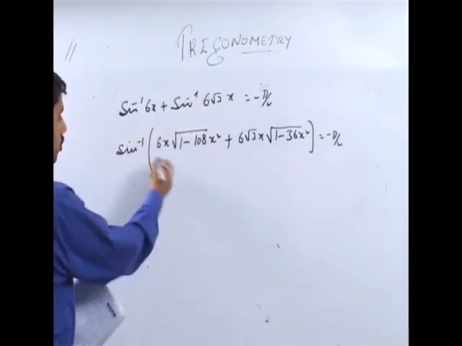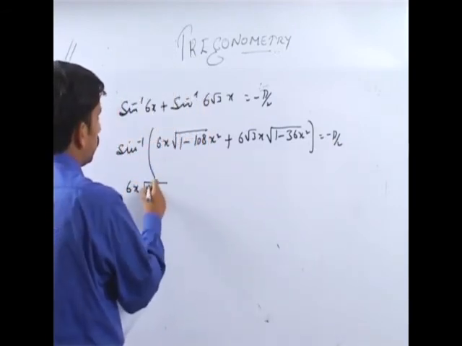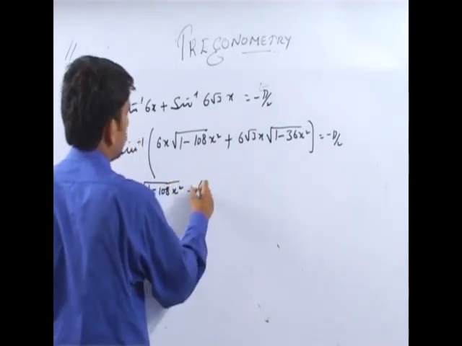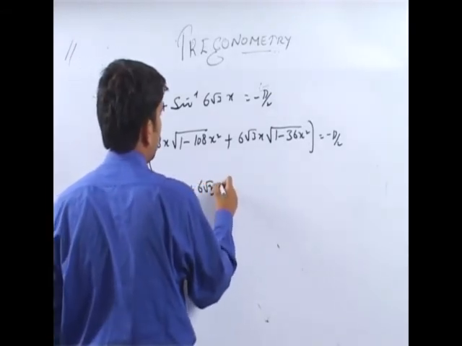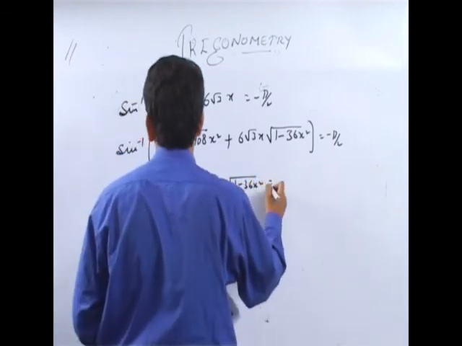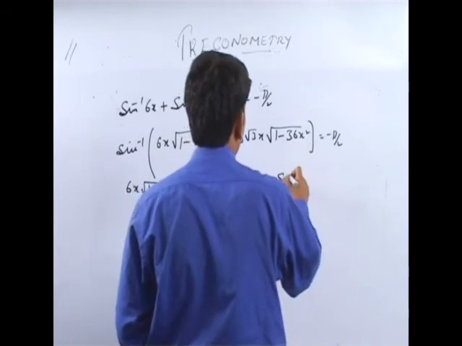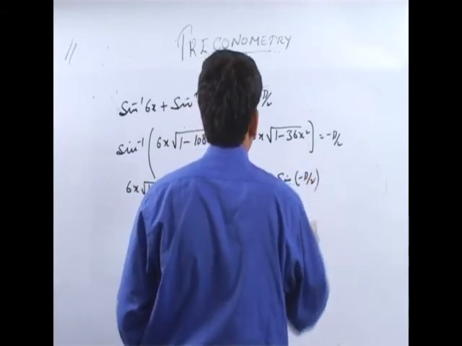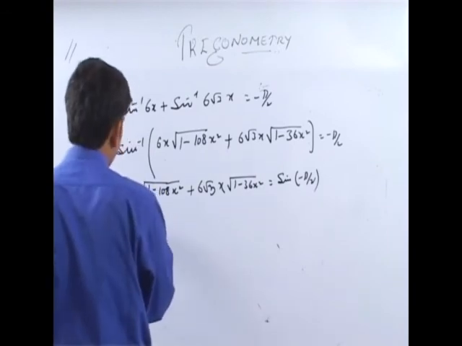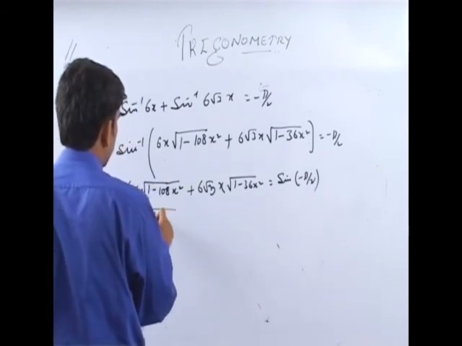Now this will be equal to 6x under the root 1 minus 108 x square plus 6 root 3 x under the root 1 minus 36 x square is equal to sine of minus pi by 2. Now sine of minus pi by 2 is minus 1.